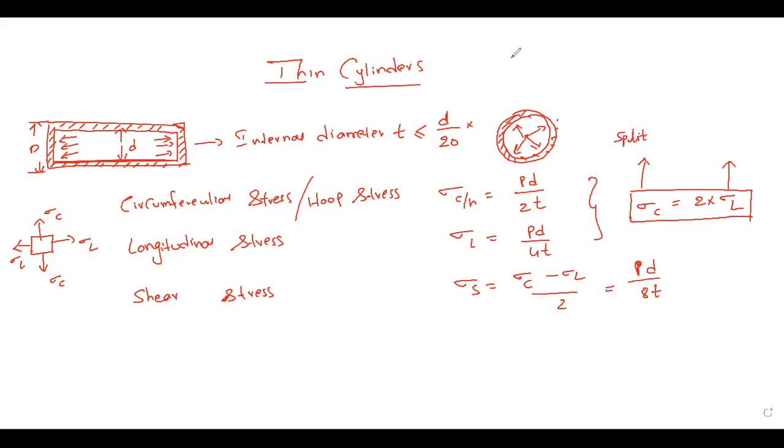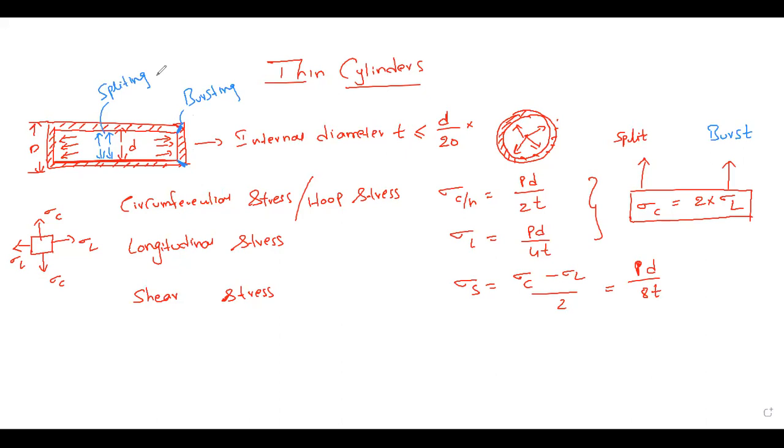Your circumferential stress makes your cylinder split into pieces, and the longitudinal stress makes your cylinder burst. The failure due to the circumferential stresses will be splitting. That is what we have to understand.